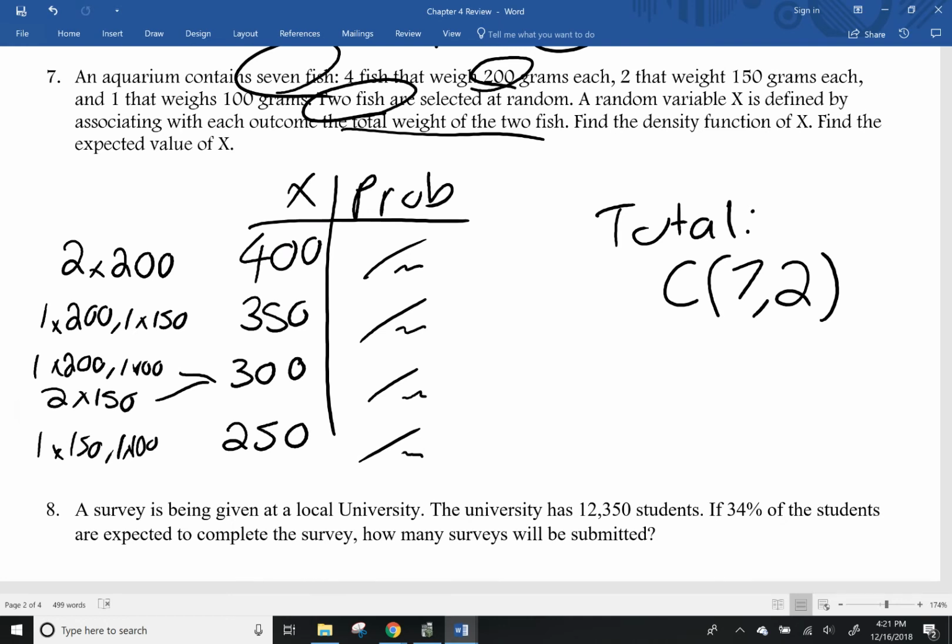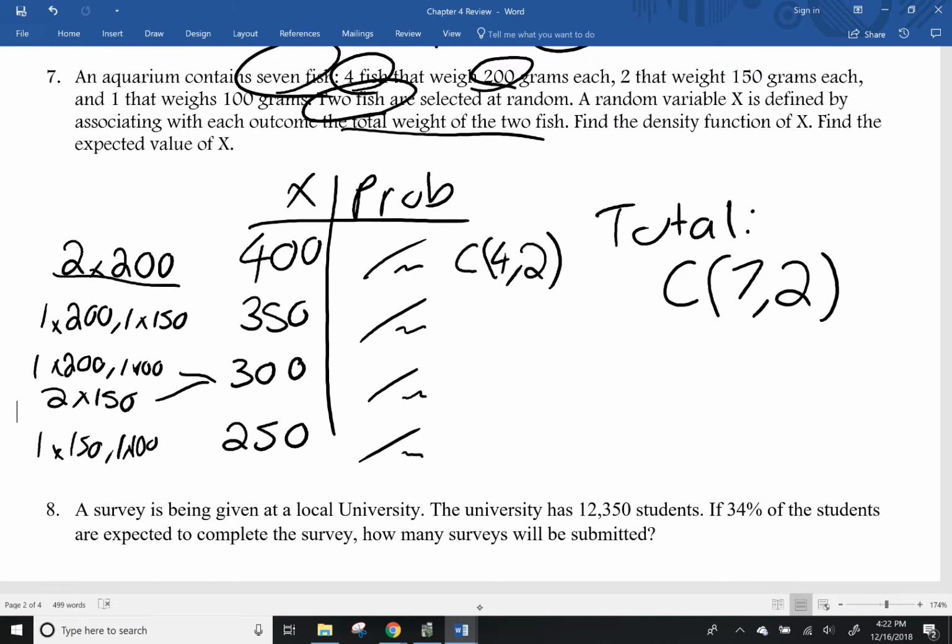Now to find the rest of this, you have to do the combinations. For the first one, the 400-gram one, that's two 200-gram fish. There are 4 200-gram fish in total, and you'll be choosing 2 of them. That's going to be your numerator.